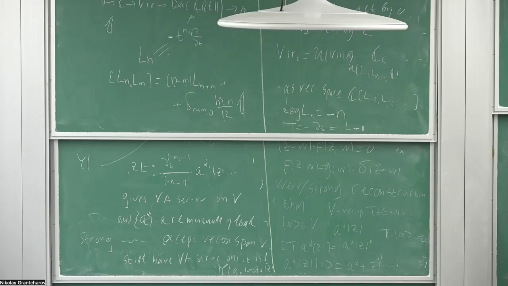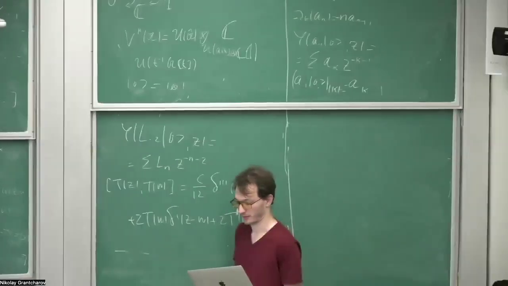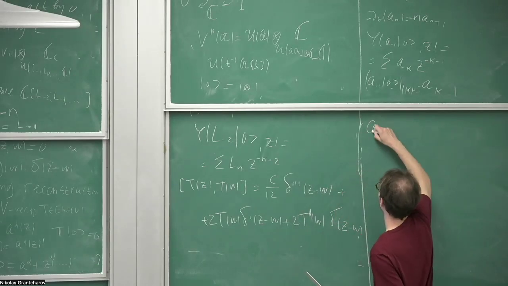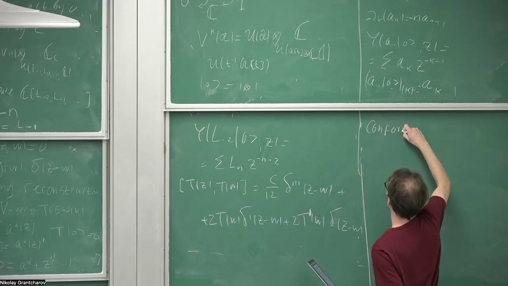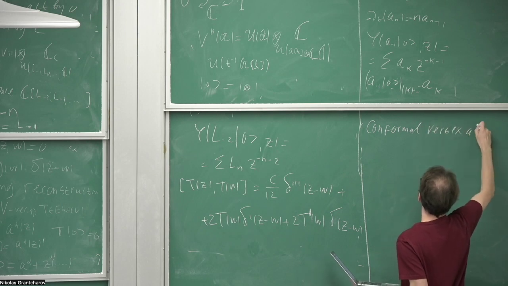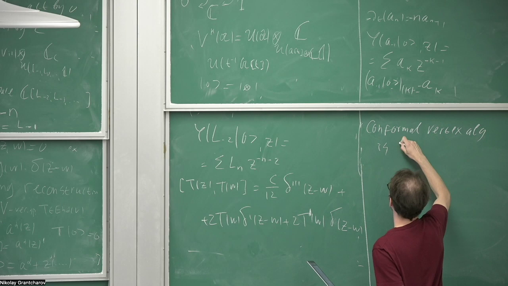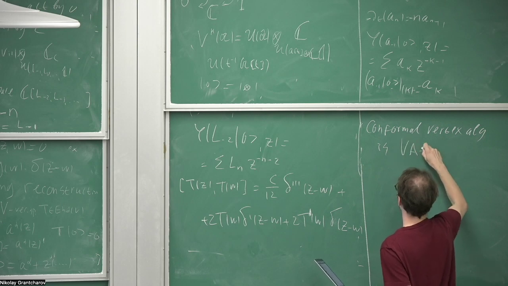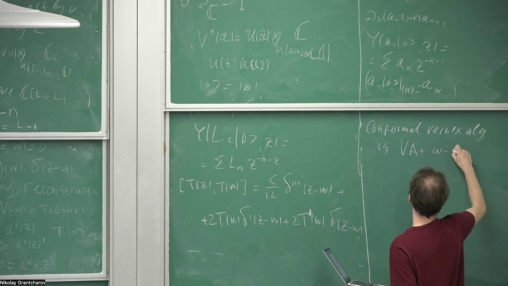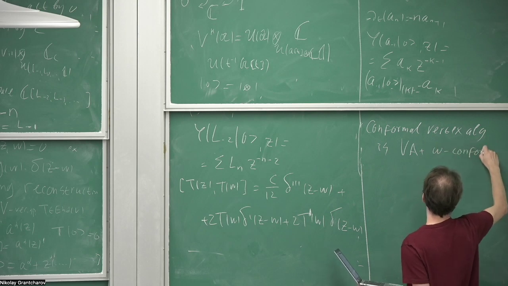The Virasoro vertex algebra is important because a lot of important vertex algebras are conformal. So a conformal vertex algebra is a vertex algebra plus omega, a conformal vector.